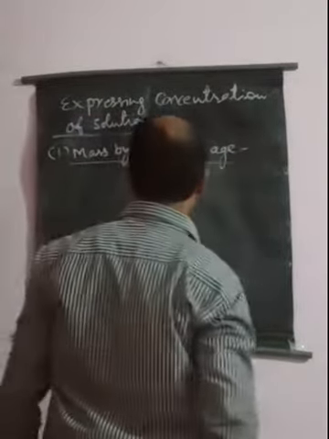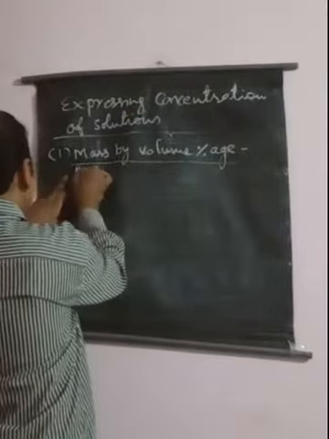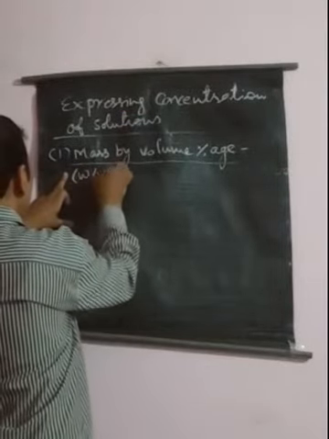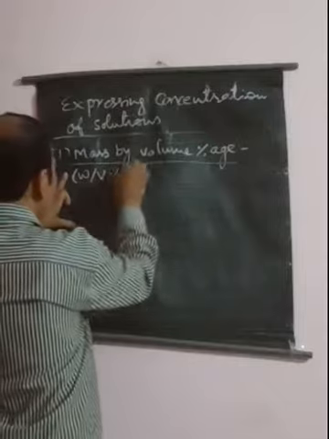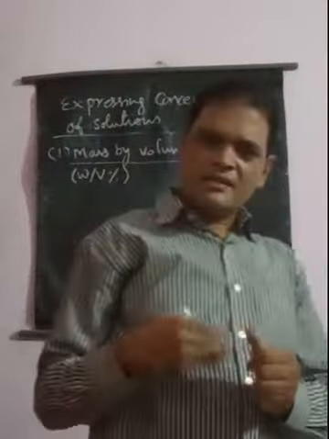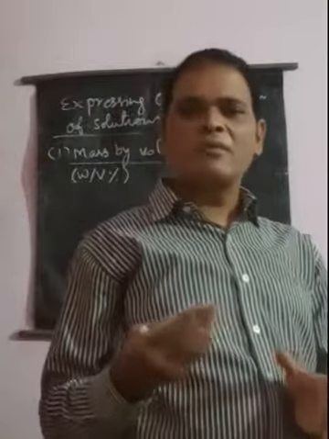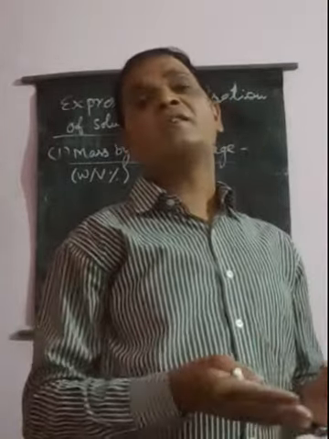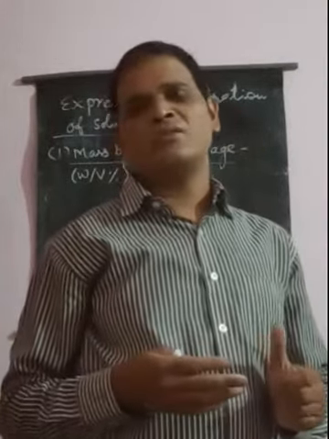How can we define the mass by volume percentage? W by V percent is the symbol for it. It is the percentage of mass of a particular component present in a definite volume of the solution.